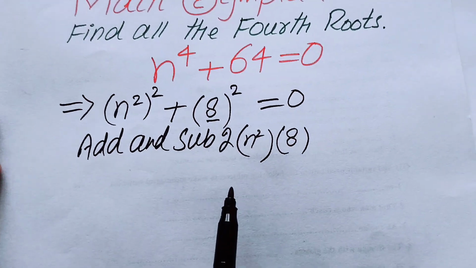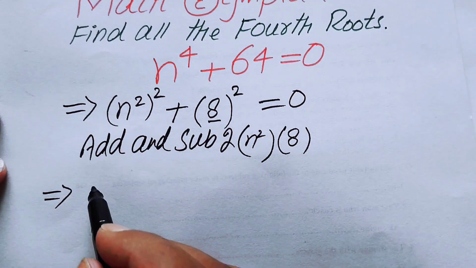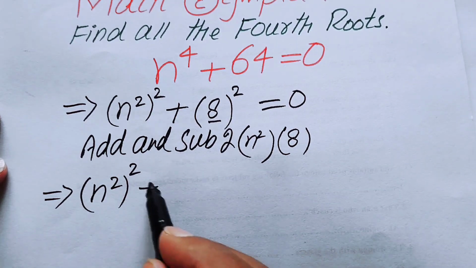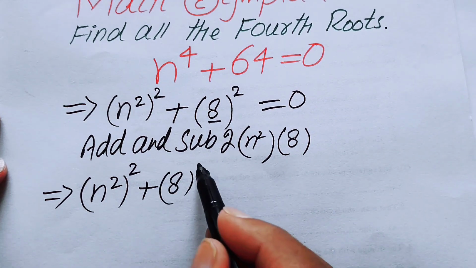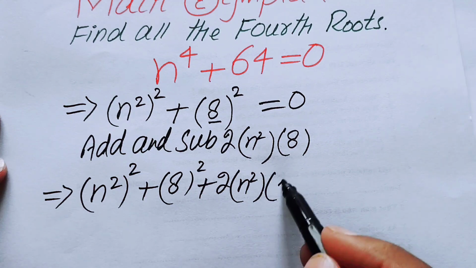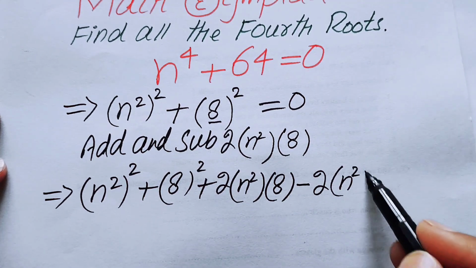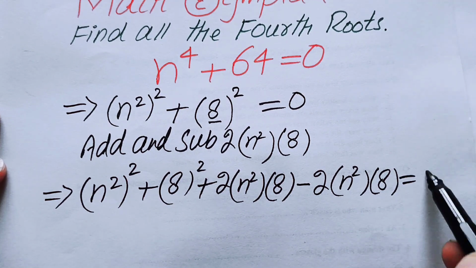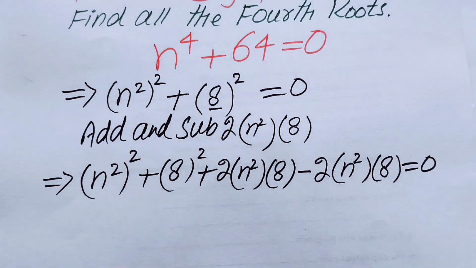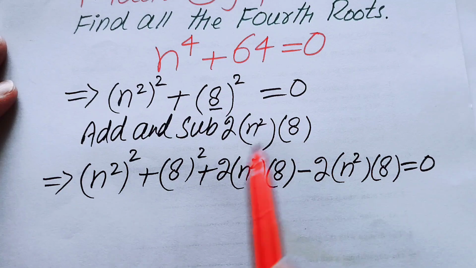When you add and subtract these two values on the left hand side, you get the output in the form of n squared and its whole square plus 8 squared plus 2 times n squared into 8 and minus 2 times n squared into 8 is equal to 0.